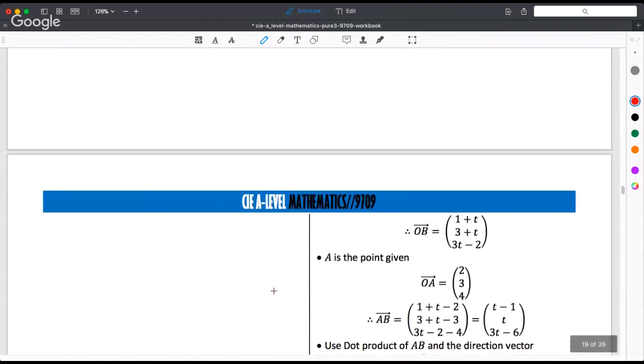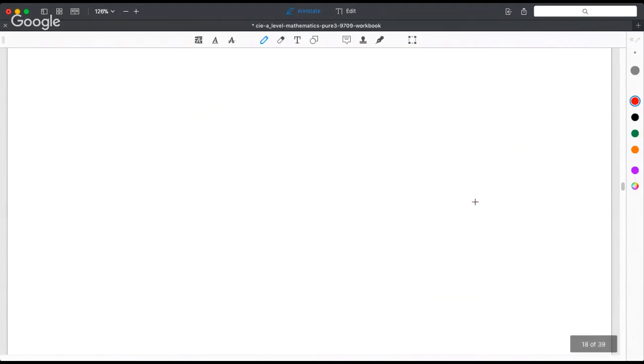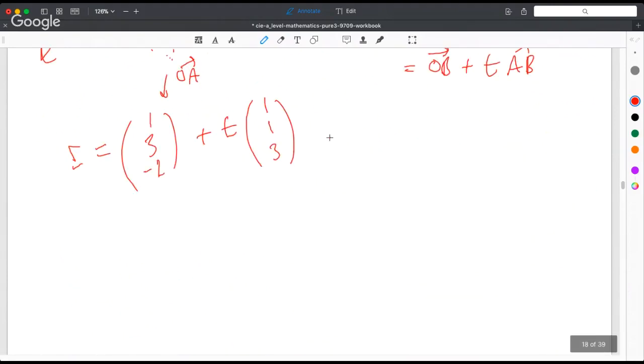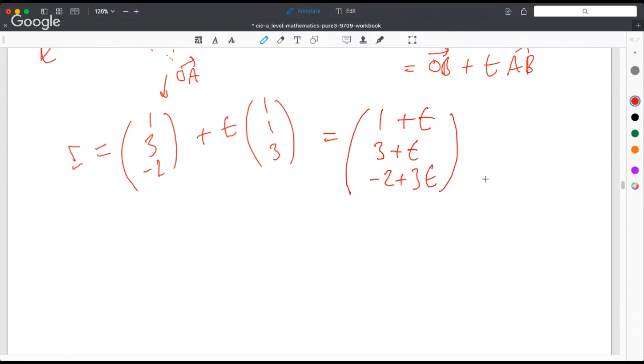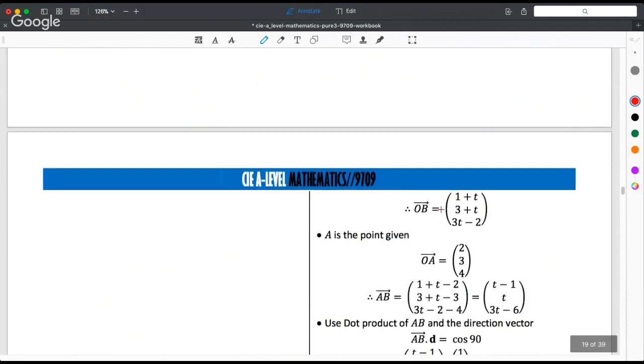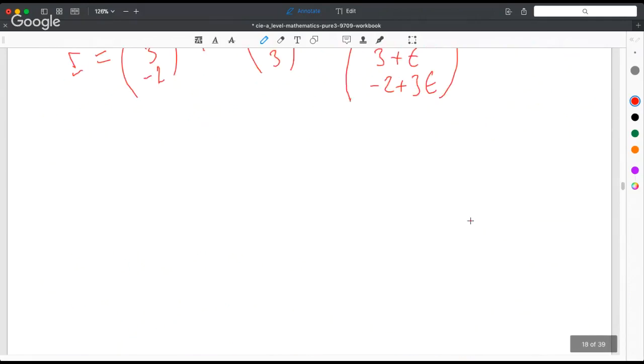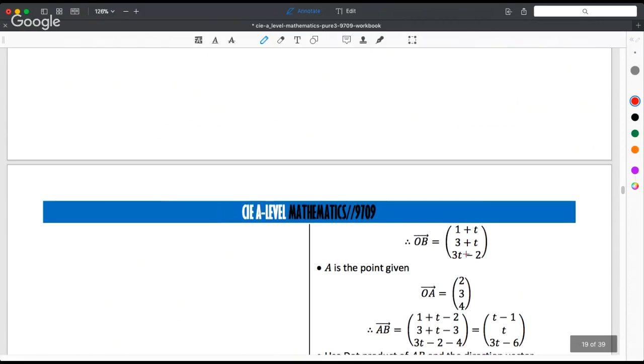If you want to find OB, then OB must satisfy this equation. So OB is something like (3 + t, -2 + t, 3 + 3t). So for some value of t, this will give you the vector OB, which is what I think they've done here.